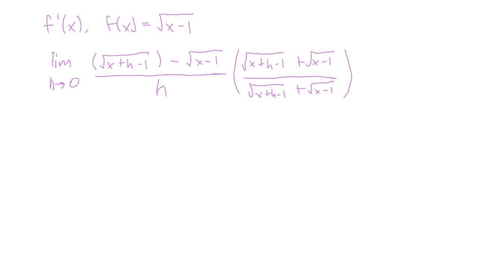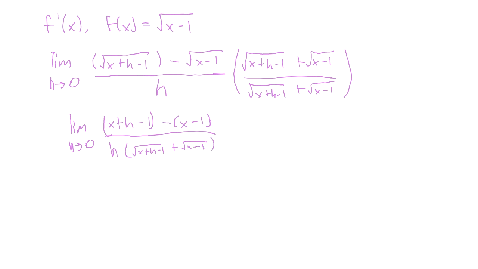Now let's multiply this out, and we have the limit as h approaches 0, and we can see that these radicals are going to cancel out. So we're left with x plus h minus 1. The middle terms cancel out, and we're left with minus x minus 1, all over h times the square root of x plus h minus 1 plus the square root of x minus 1.